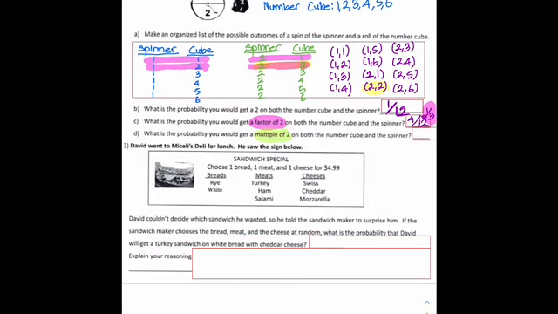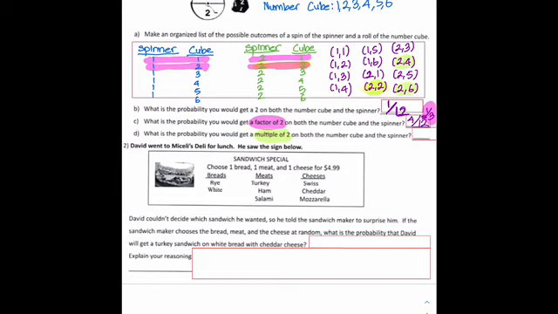I don't need to really look at the spinner with 1 because 1 is not a multiple of 2. The first multiple of 2 would be number 2, so I'm going to look at the second spinner option. I would like to use the list of ordered pairs for outcomes for this question. So I'm going to start with 2, 2, then 2, 4, and then 2, 6, because 2 times 1 is 2, 2 times 2 is 4, and 2 times 3 is 6.